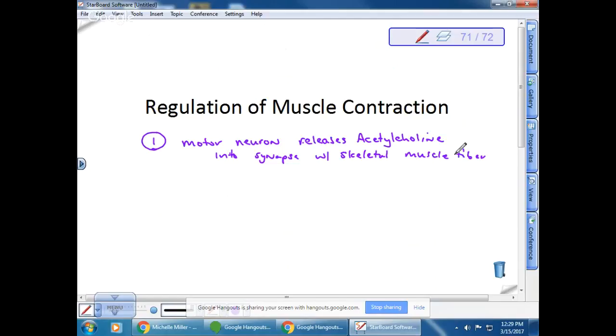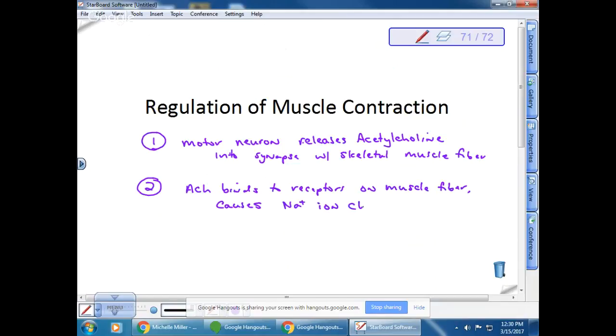Okay. The second thing that happens is that ACH, so I'll just abbreviate it as ACH, binds to receptors on the muscle fiber. And this causes sodium ion channels to open. So this is kind of a review, right?